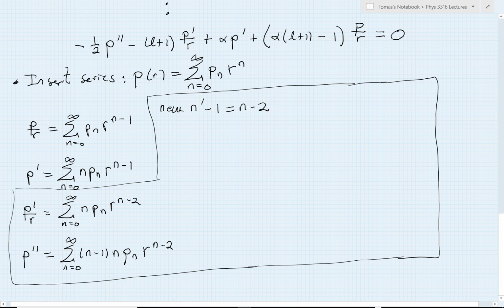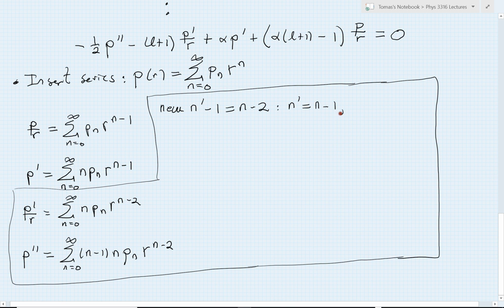If I do that, then my new sums and my new variables will also have R to the n minus 1 powers, and things will line up nicely. Now that's what I want. That tells me then that n prime will actually equal my new variable. If I move the minus 1 to the other side, it's actually equal to n minus 1.